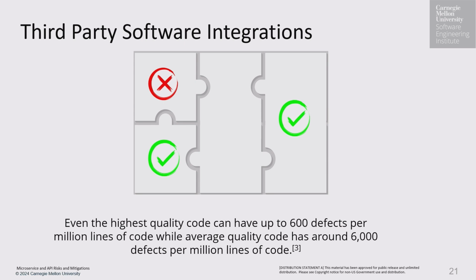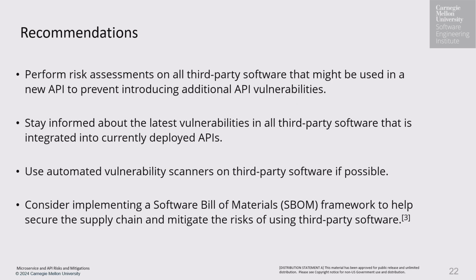To mitigate that risk, you can perform risk assessments that might help prevent adding potential vulnerabilities into your new APIs. Stay up to date about new vulnerabilities in the third-party software you've put in previously deployed APIs, because just because the API doesn't have vulnerabilities when you launch it, which hopefully it doesn't, doesn't mean down the line it might not.